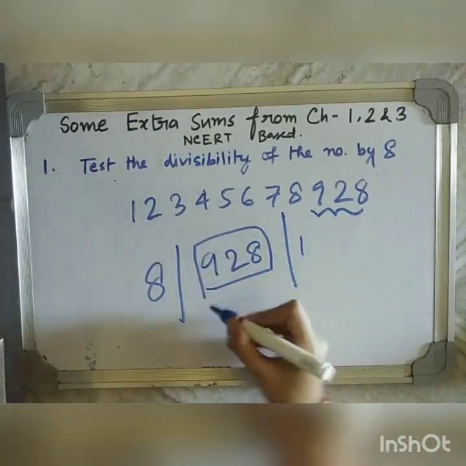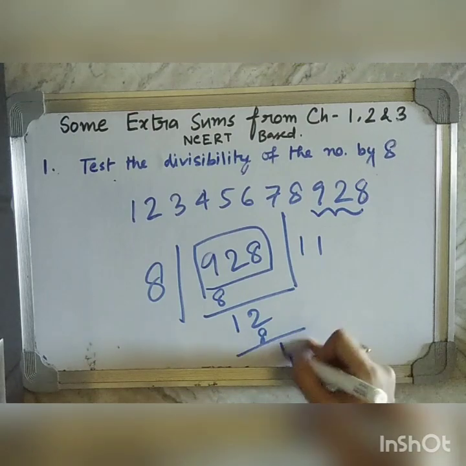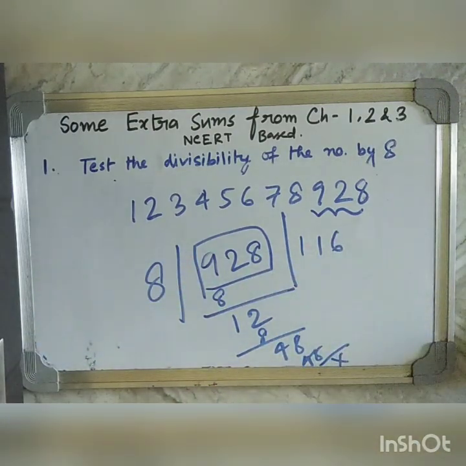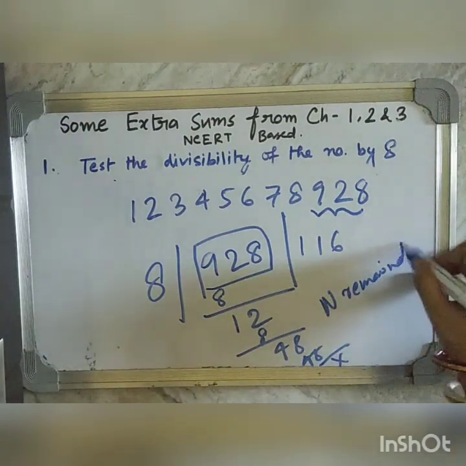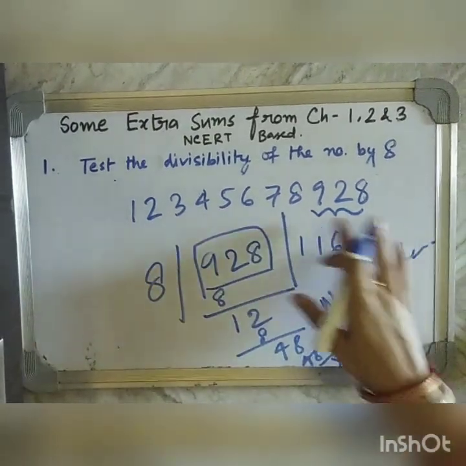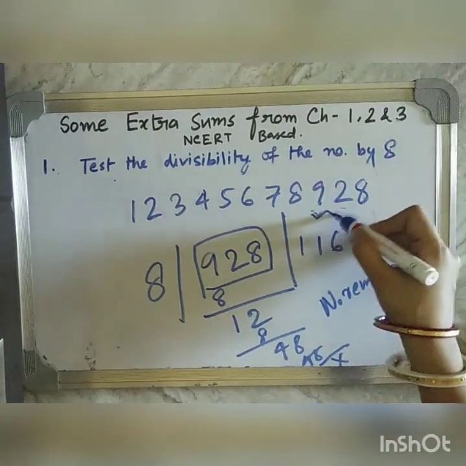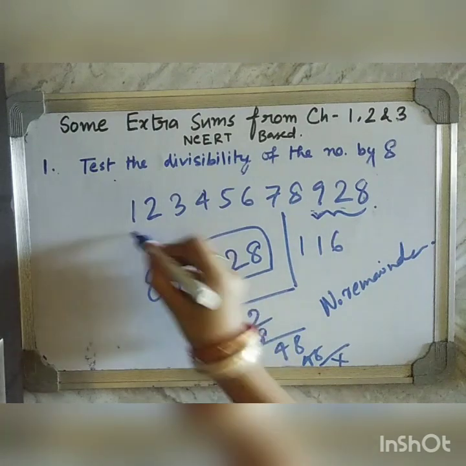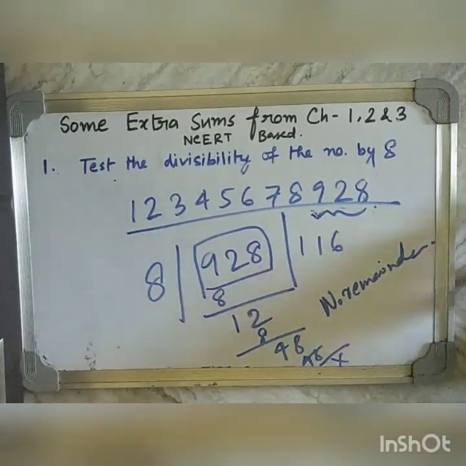Okay, let's divide it. So there we are getting no remainder, isn't it? So whenever we divide the last three digits of any number by 8, we can easily understand, however big the number can be, that the given number is completely divisible by 8 or not.